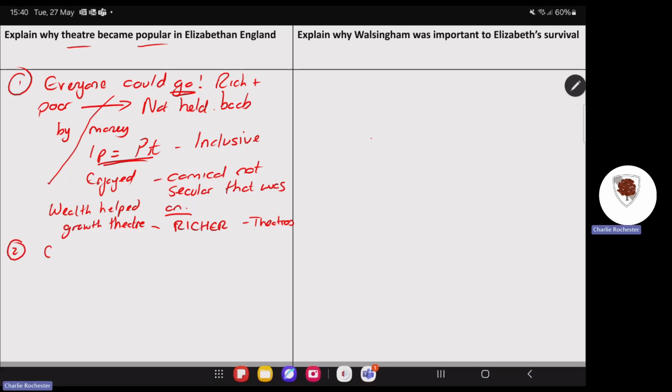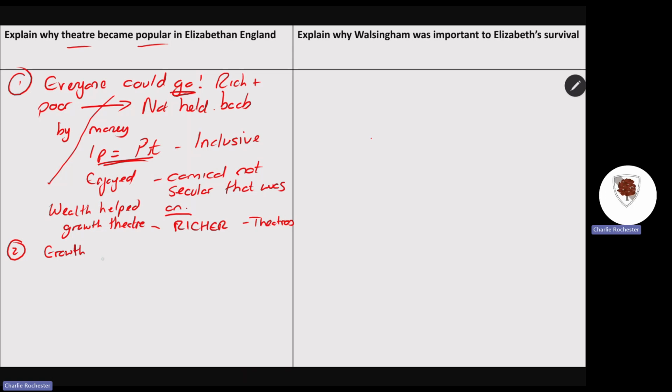Second thing you could talk about is the growth in population. Now, even though population had a negative impact, you could argue that it did help the theatre become more popular because of places like London growing so much.